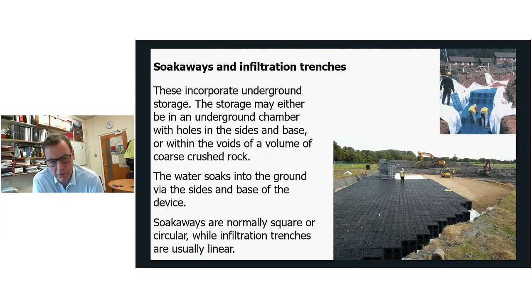So here's a good infiltration device. On the right here we have subsurface storage being installed. The white is a geotextile placed below it, which stops the underlying soil, which looks like a sandy soil base the thing's been constructed on, from infiltrating into the device and filling it up.